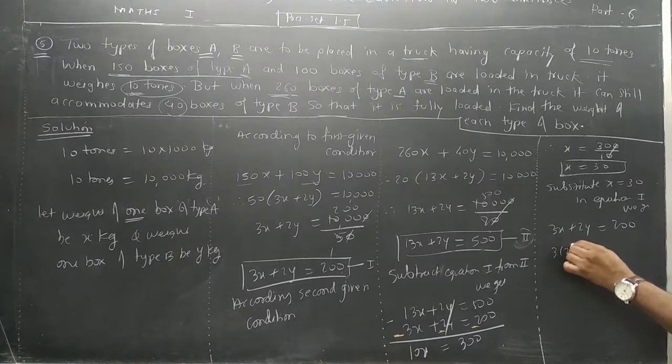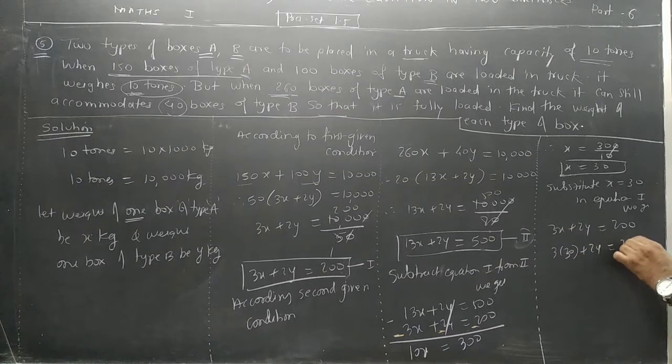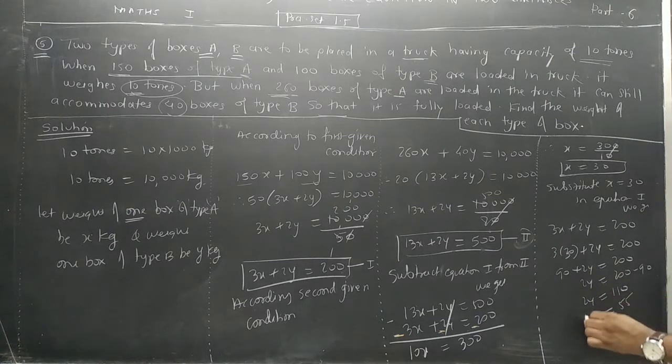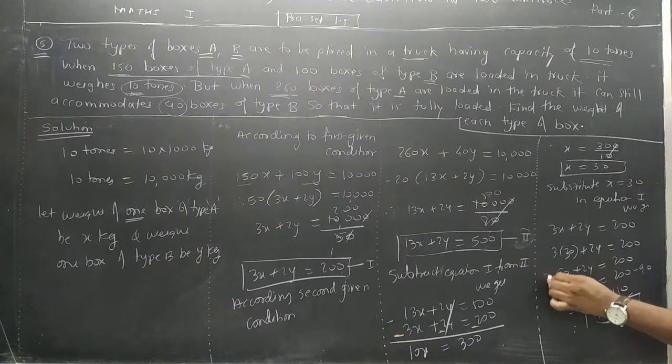So 3 into 30 plus 2y is equal to 200, 90 plus 2y is equal to 200, 2y is equal to 200 minus 90, 2y is equal to 110, y is equal to 55. So, what can you write there?